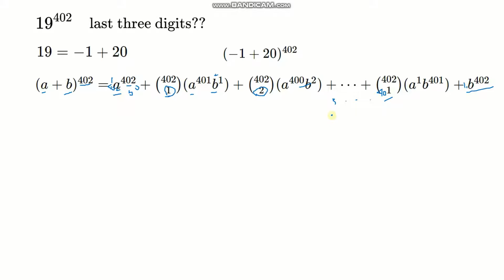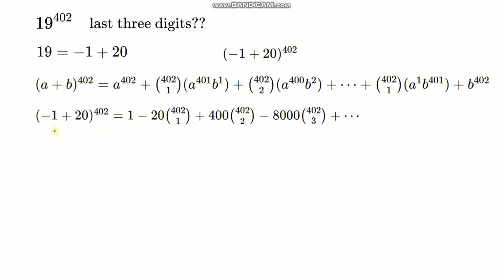Now we set a equals negative 1 and b equals 20. So we have negative 1 plus 20 raised to the power of 402, which equals 1 minus 20 times 402 taken 1 plus 400 times 402 taken 2 minus 8000 times 402 taken 3, and so on and so forth until you reach b raised to the power of 402.